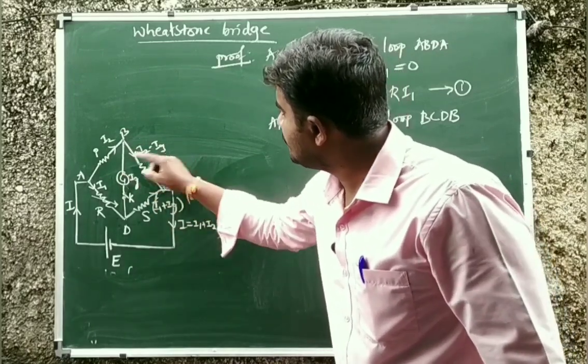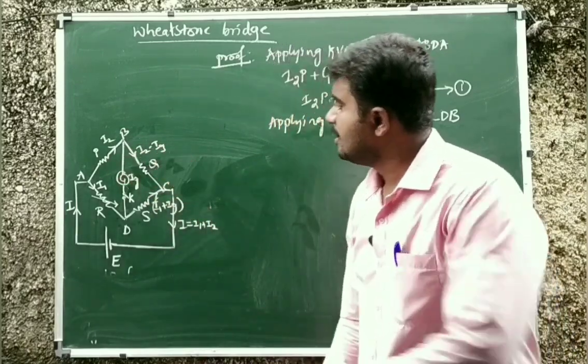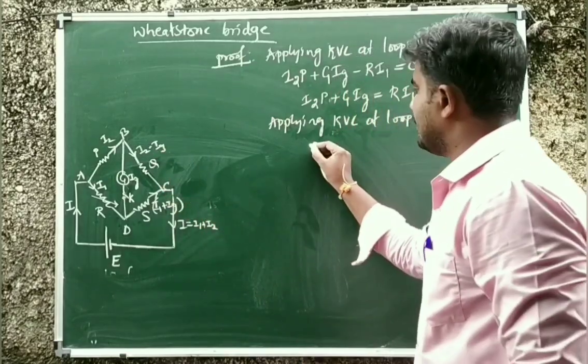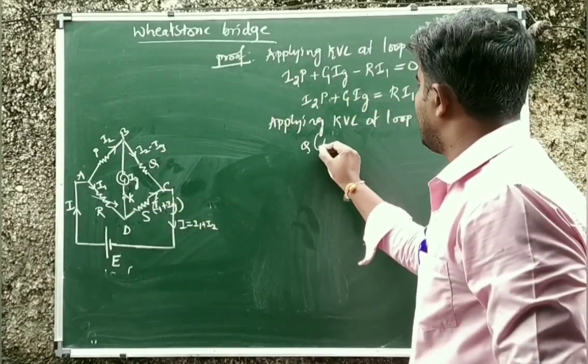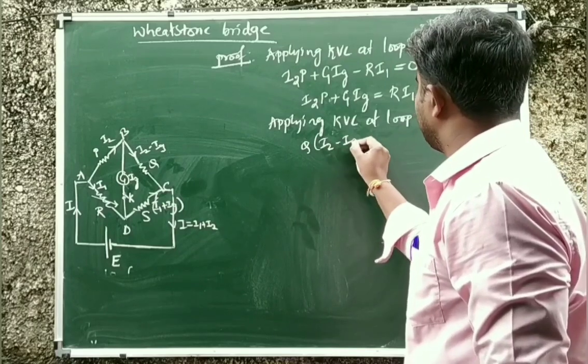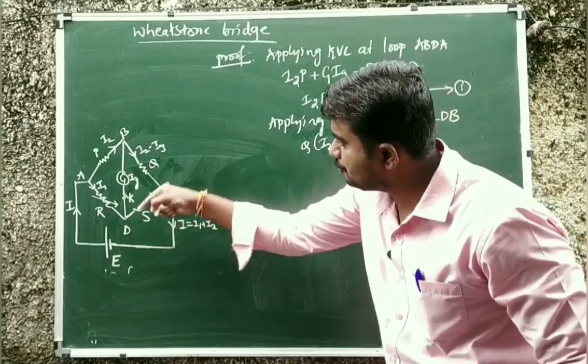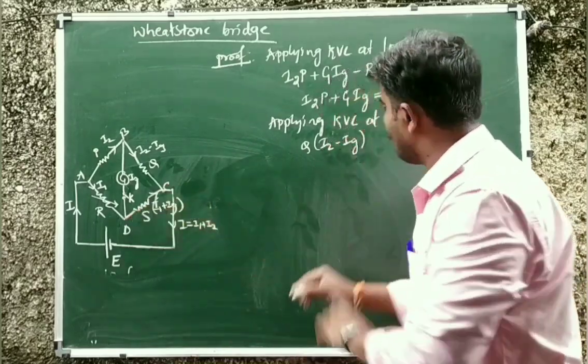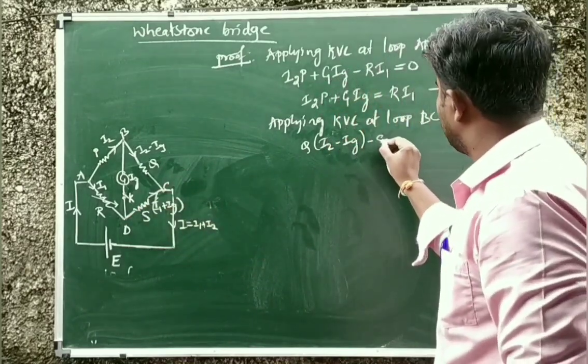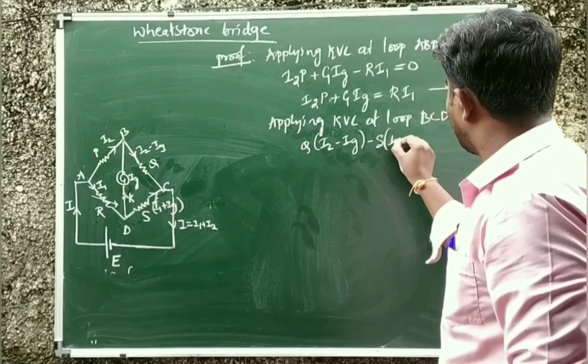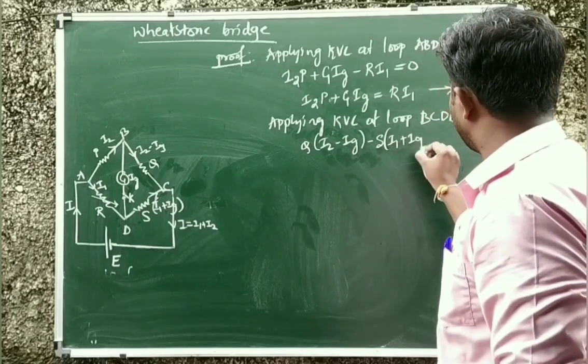Therefore, resistance multiplied with current, that is Q multiplied by I2 minus Ig. And from C to D, while traveling this way, we are against the current, therefore minus S into I1 plus Ig.